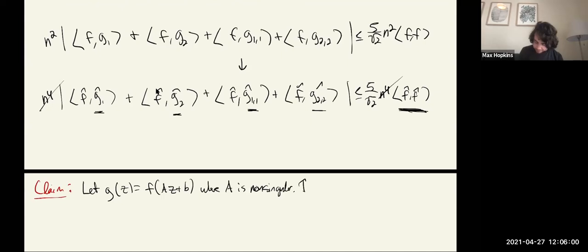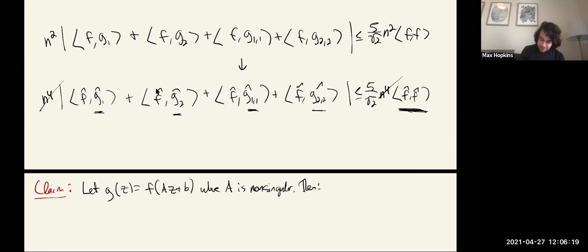Then the Fourier coefficients of G are a transformed version of the Fourier coefficients of f based on A, times some shift by a root of unity, omega to the something.